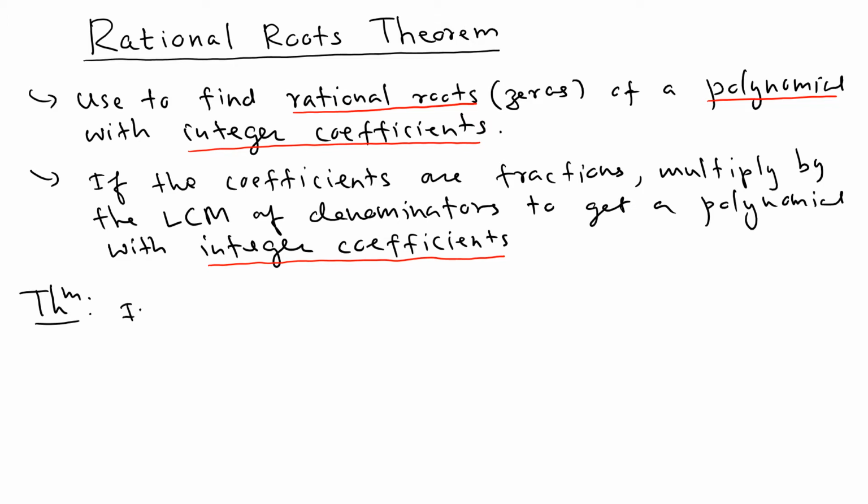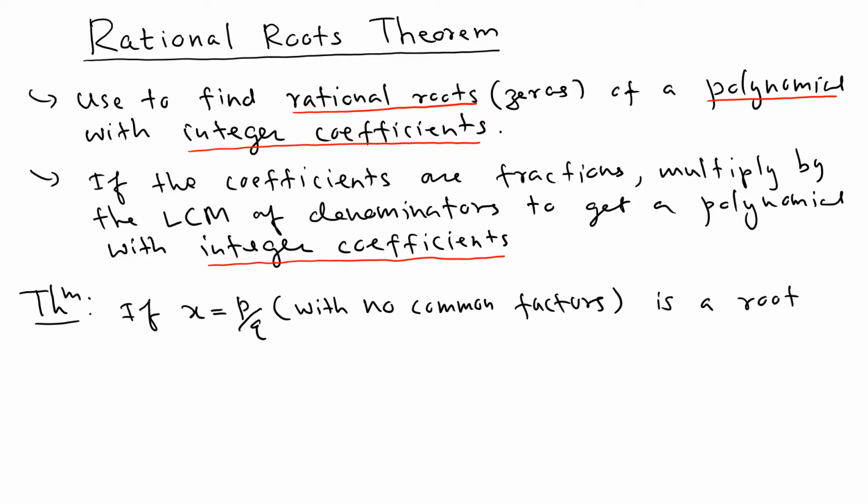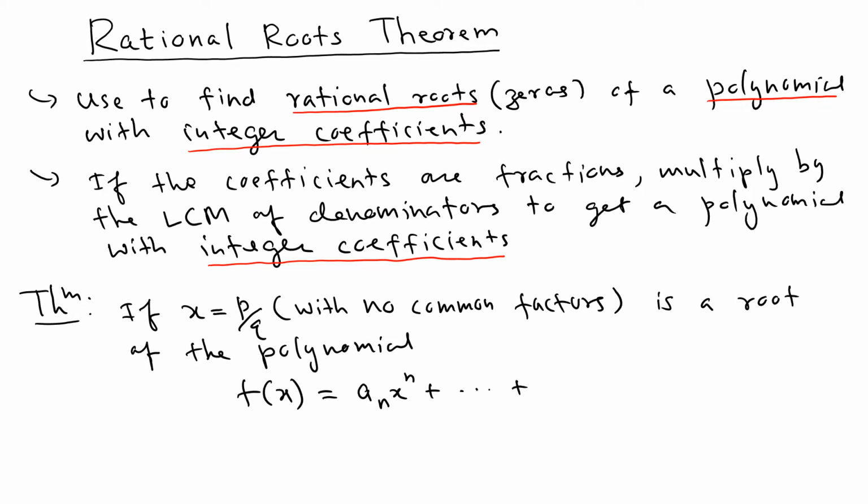It says if x equals p over q, with no common factors, or what sometimes we say in least terms, is a root of the polynomial f(x) equals a_n x^n plus and so on, where the last term is a naught.